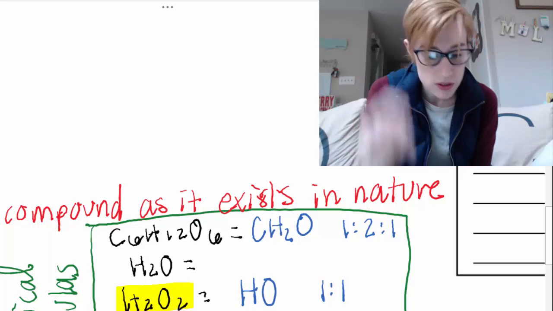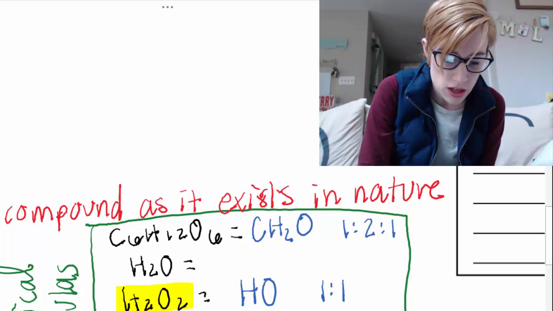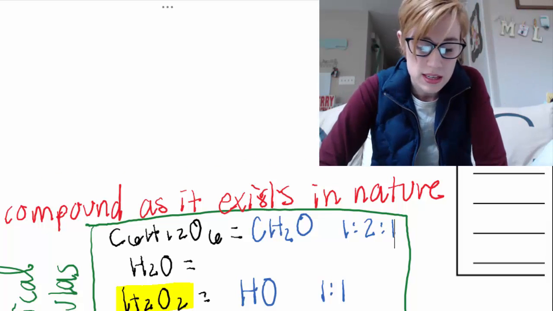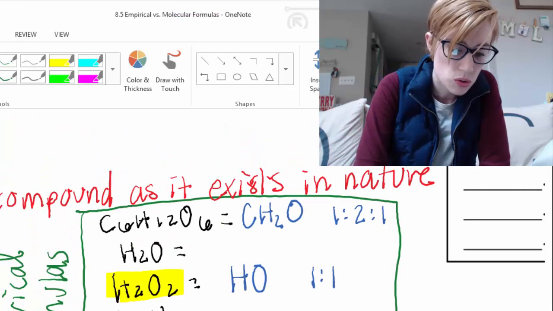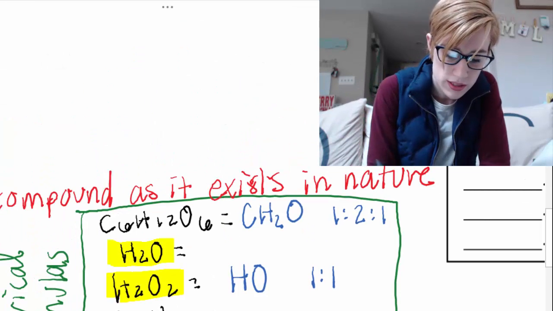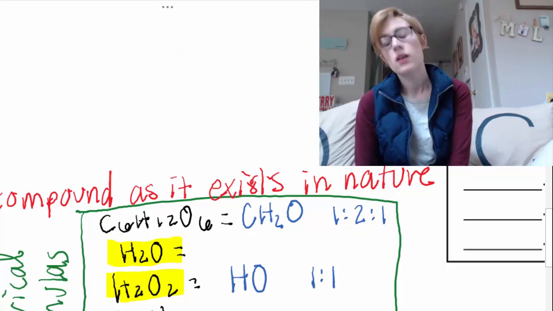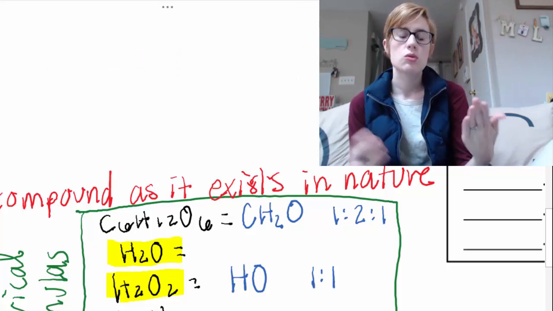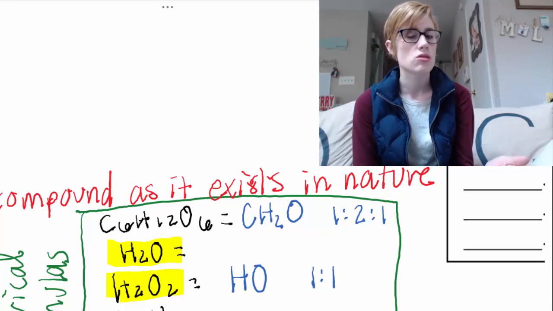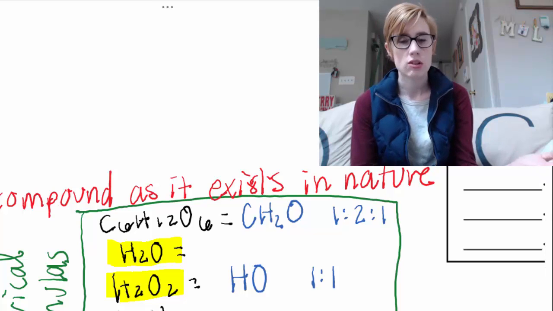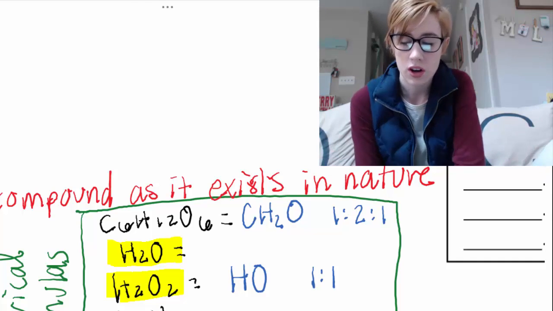Now let's look at a couple others. Let's look at water. Water's molecular formula, or how it exists in nature, is H2O. That's how we see it in nature. Well, what would it look like if we wrote the empirical formula? Right now the ratio is 2 to 1. Can you reduce a ratio that's 2 to 1? You can't. You can't get the number 1 any smaller than it already is.